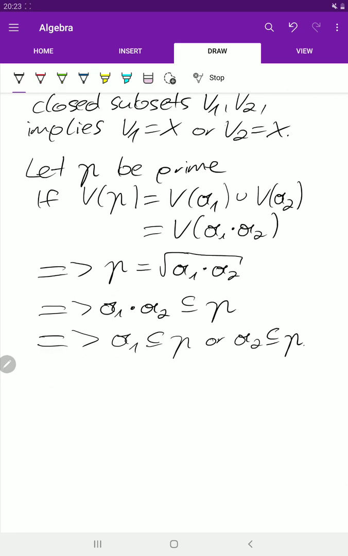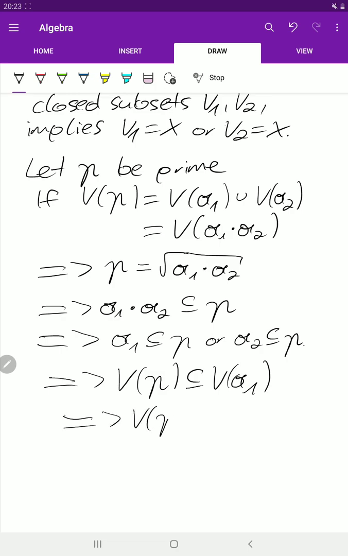So we have A1 subset of P, and then we get that V of P is a subset of V of A1, which implies that V of P is actually V of A1, which we wanted to prove. So let's say here without loss of generality.